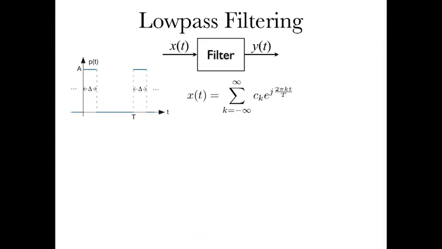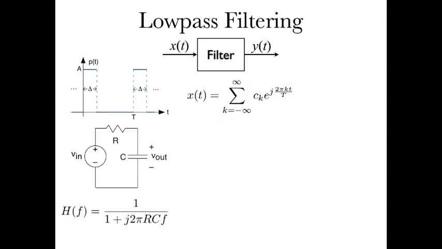Okay, so let's do an example. Here's a filter, and the input I'm going to use is a periodic pulse train, and we know what that spectrum is. I'm not going to write the expression again, it's pretty long-winded, but of course it has a Fourier series. And the filter I'm going to put it through is our old friend, the low-pass filter.